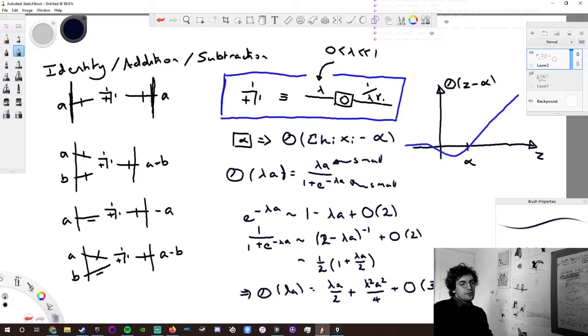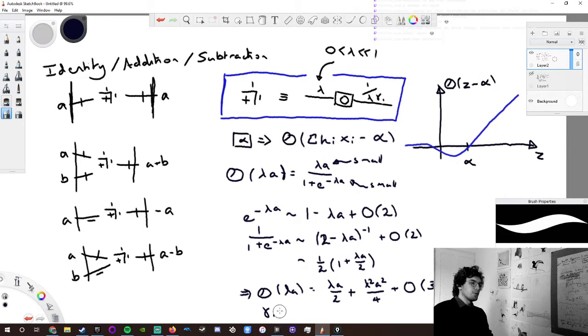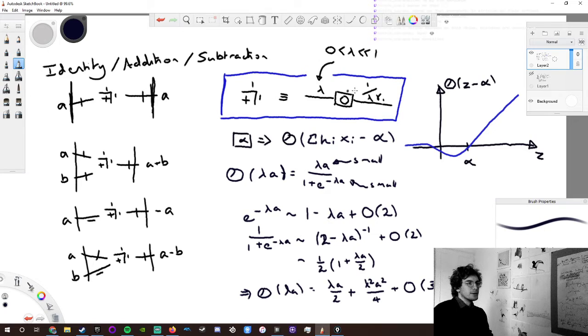So when we apply this function to lambda a, we get out lambda a over 2. So to get a back, we now know what gamma 1 is. Gamma 1 is the first order bit of the expansion, so I've been rough on that. Again, if you're watching this, this is very much a first draft of something that one day might be a lecture. Lambda 1, is that right?